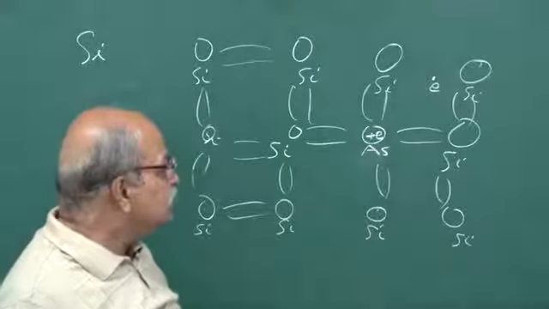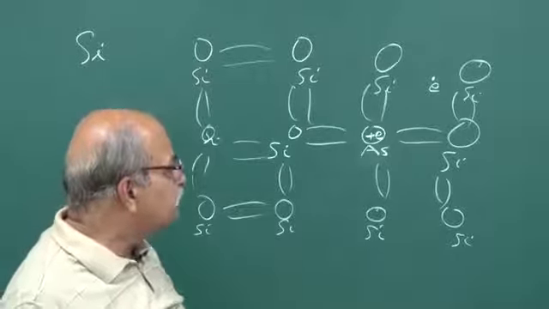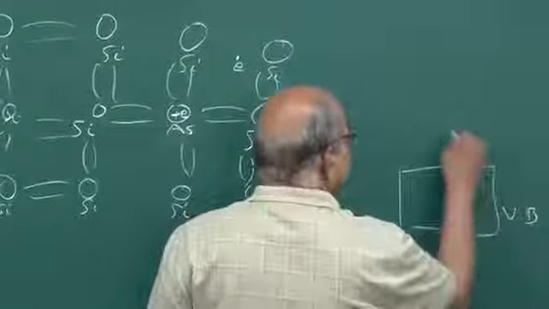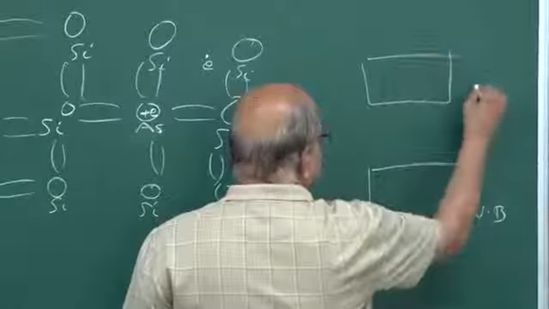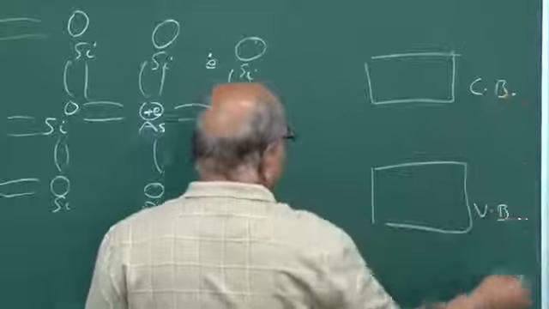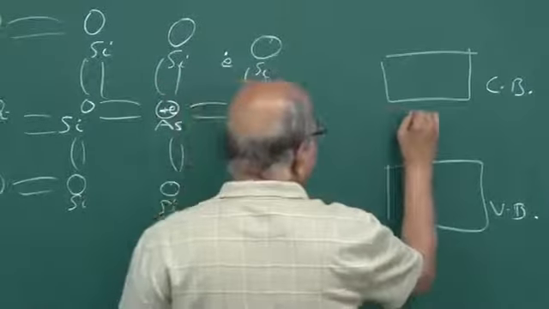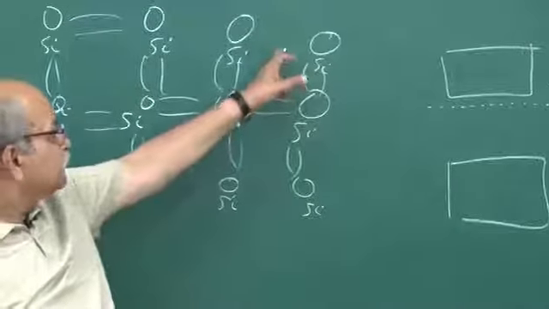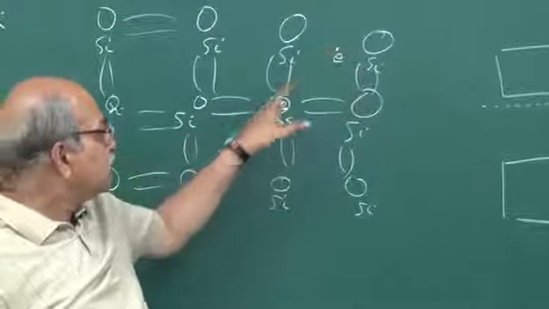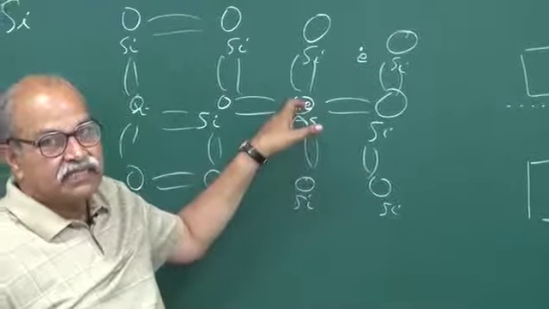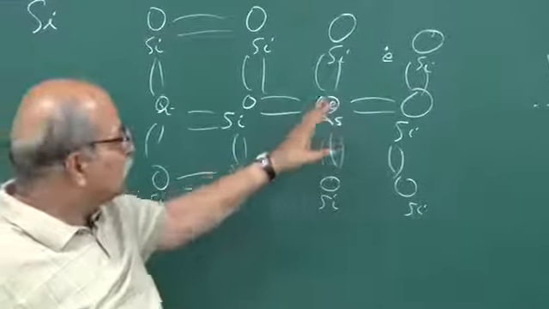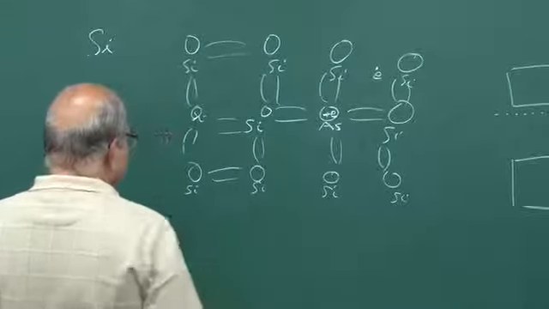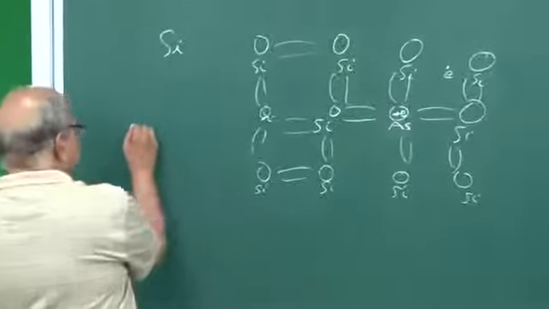And this introduces new energy levels in that diagram, the valence band and conduction band diagram. We said that new energy levels are introduced here. Impurity levels. This impurity level is essentially the energy of this electron in the field of this plus e charge. You can compare this situation with a hydrogen atom, where you had a positive proton.